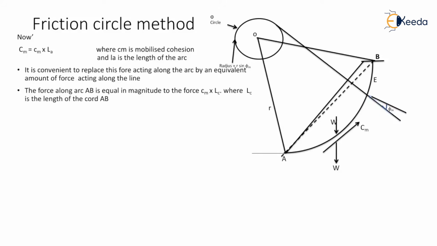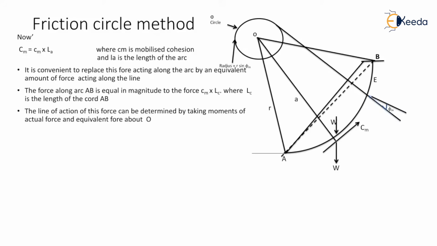But since these two forces are equivalent, their moments about the point O will be equal, so that distance of cohesive force along the curved surface will be less than distance of cohesive force along AB. That means distance of cohesive force along AB, which is assumed as a, will be more than radius of this curved surface. So we are supposed to find this value of a.